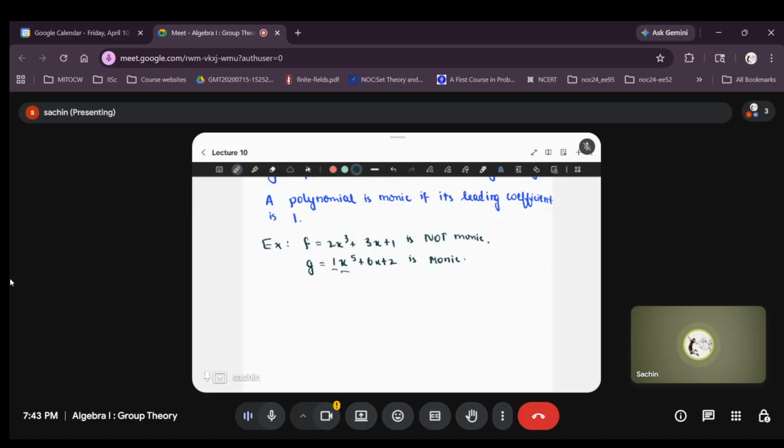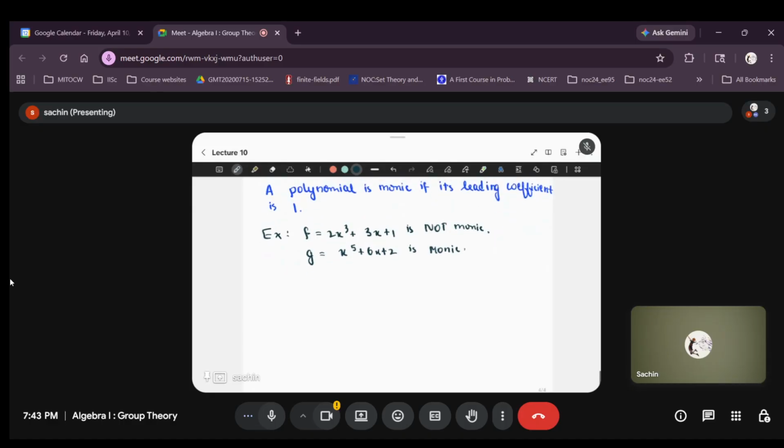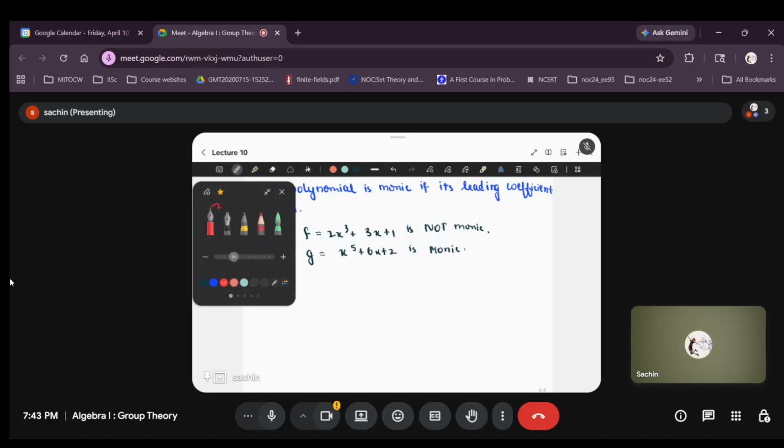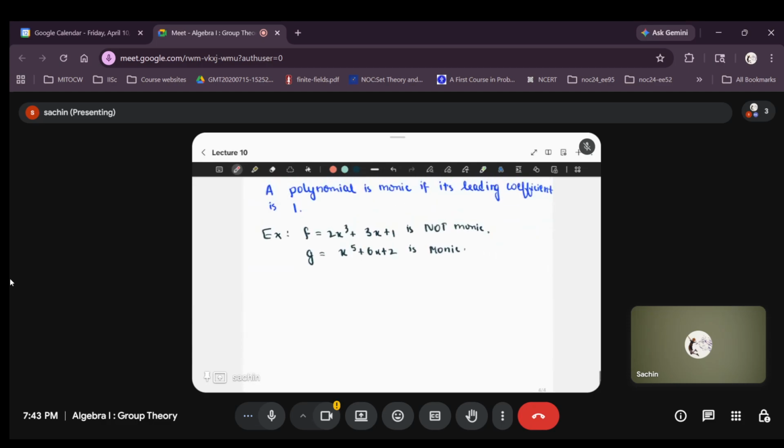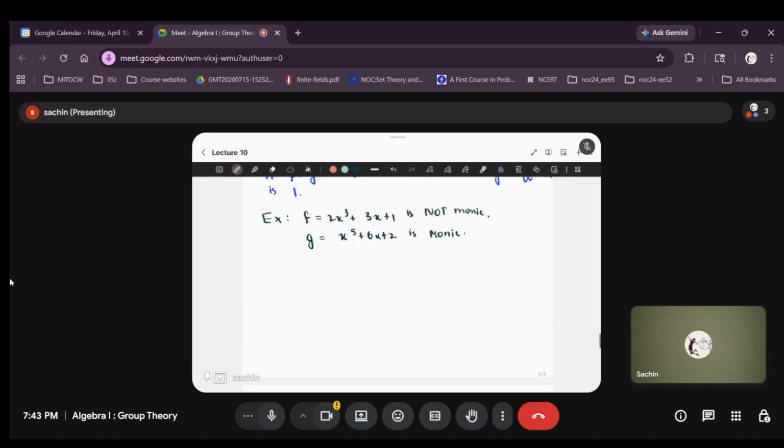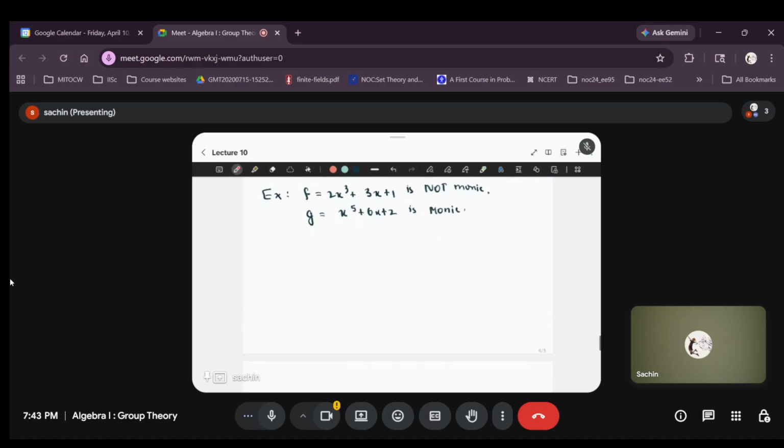If the coefficient is 1, we usually don't write the coefficient. And you would carry out division in the same way as you do for integers, the long division.